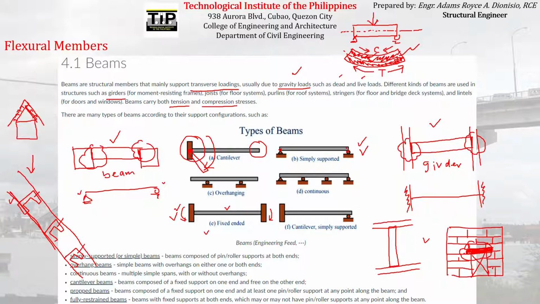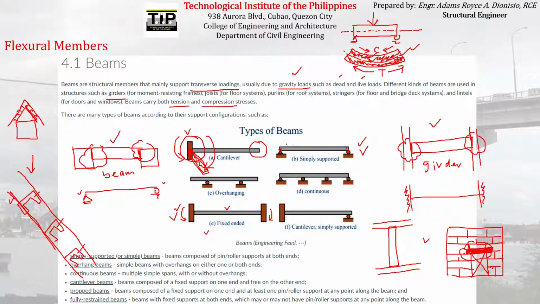Kung hindi nagre-resist to ng moment, yung support na to. So para i-resist yung clockwise moment na yan, dapat merong counterclockwise moments dito. Para i-balance niya yan. Para hindi mag-bend or mag-rotate like this yung beam natin. Okay? So that's a cantilever beam. Isa lang yung support, pero fix. Tapos sa kabilang support, free.